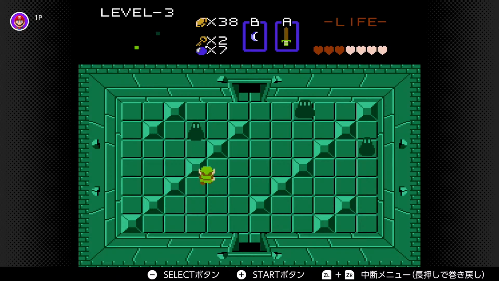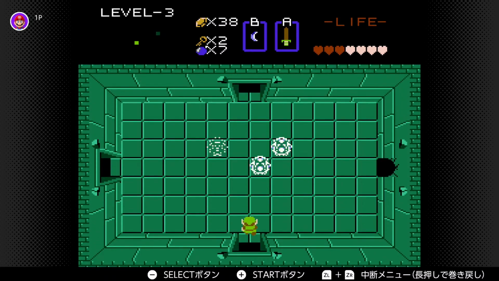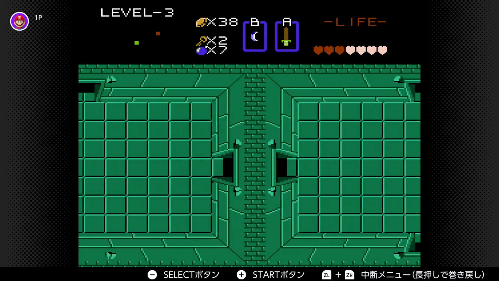Maybe by defeating these enemies we can get some items. Fortunately I doubt it because they don't seem to be dropping anything. Definitely not dealing with these dark nuts.